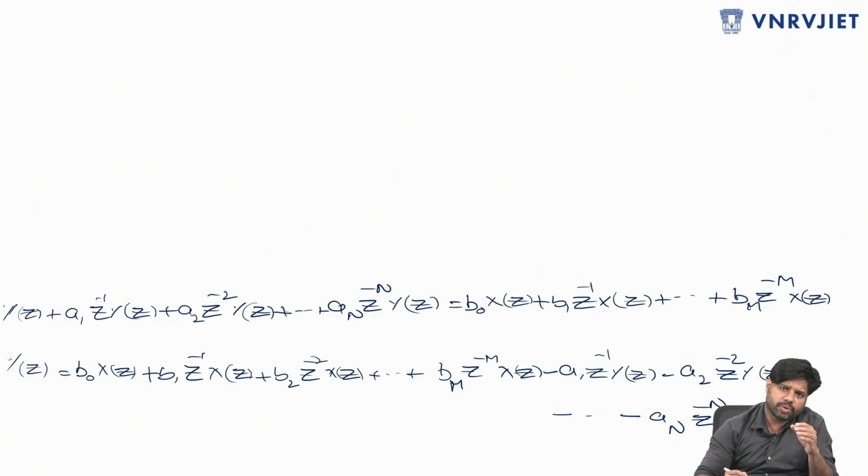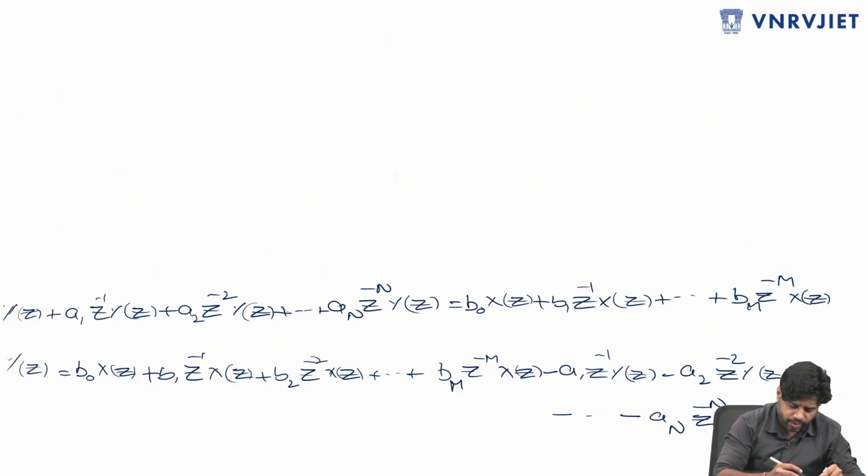Already we discussed the basic elements of the block diagram representation in the previous video. So exactly those elements are here. Now using those elements we will construct the direct form 1 structure.